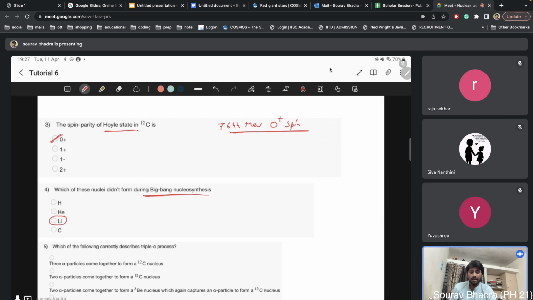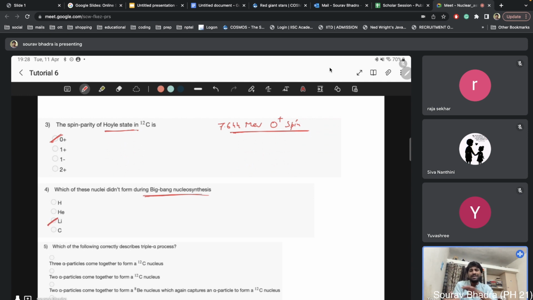Helium can give rise to carbon, that is okay because carbon is stable, but lithium, you have already seen, is very unstable and will react with other things, and the presence of lithium is almost negligible. Also, in the first class it was told that most of the abundance of lithium, beryllium and boron comes from cosmic rays, not from nucleosynthesis. So that is the answer.